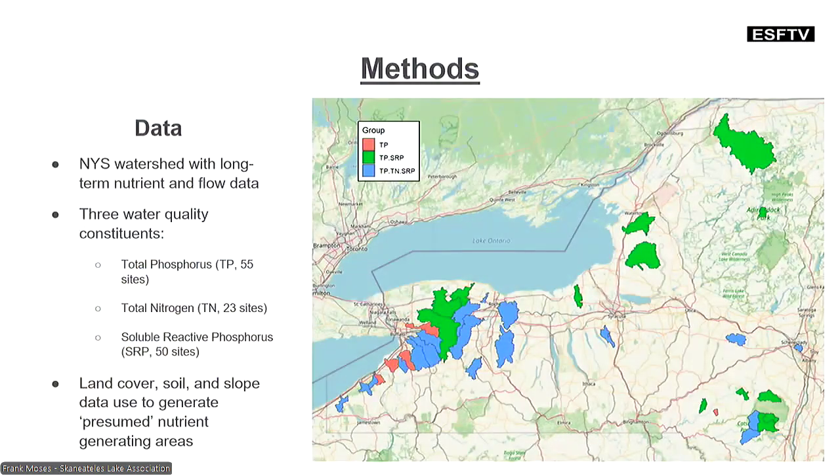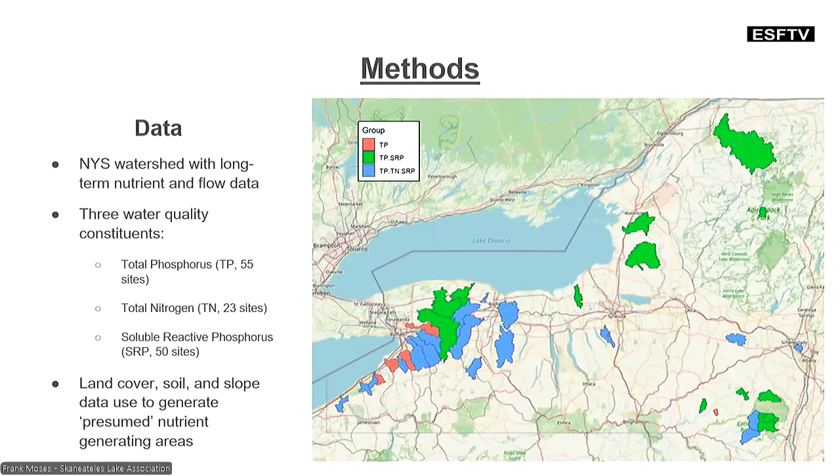So for the data, New York State watersheds with long-term nutrient and flow data were analyzed. Our focus was on three water quality constituents: total phosphorus, which is TP, and we had 55 sites.